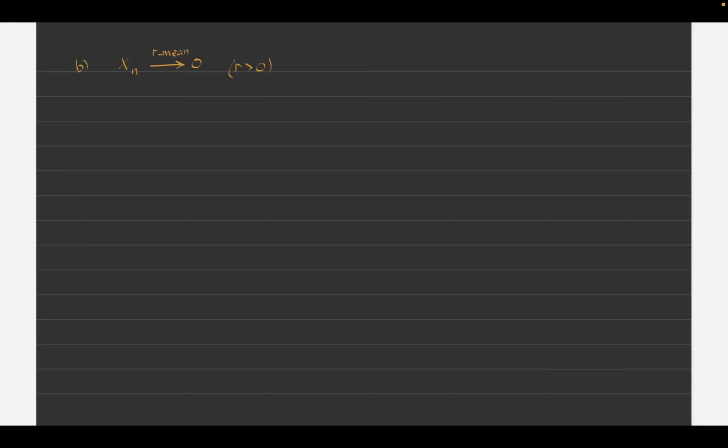So let me just review the definition. If I have a sequence xn, we say that this sequence of random variables converges to the random variable x in r mean, whenever r is a positive given number, if I calculate the expectation value of the absolute value of xn minus the limiting random variable to power r, which becomes a sequence of numbers, and I take the limit as n goes to infinity, this becomes 0.